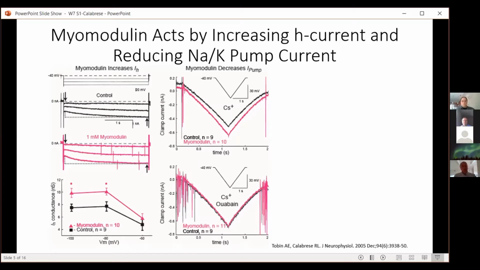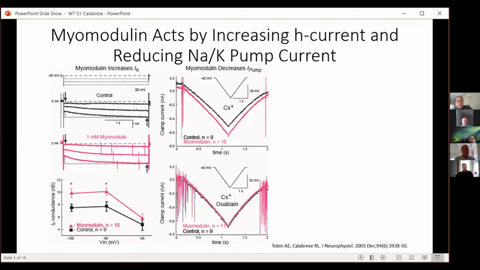In myomodulin, the ramps shift down, and there's not a change in slope of the ramp current, indicating that there is no associated conductance. And then when ouabain is used, which blocks the pump, then you see that myomodulin doesn't cause this shift. So that was the first indication to us that what myomodulin does is not only enhance H current, but also decrease the outward pump current.